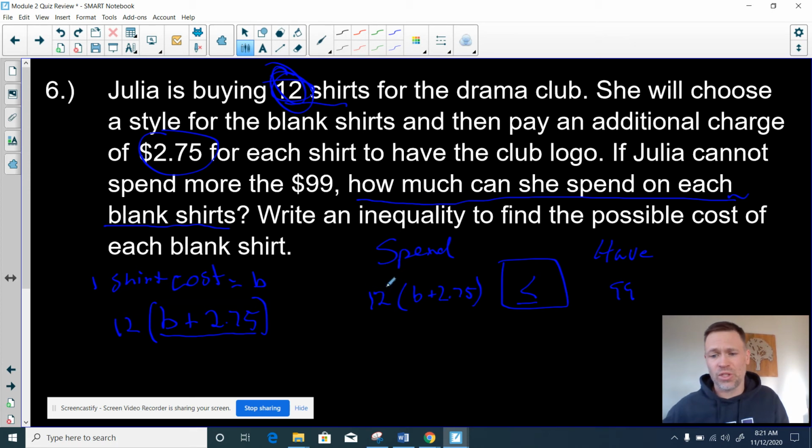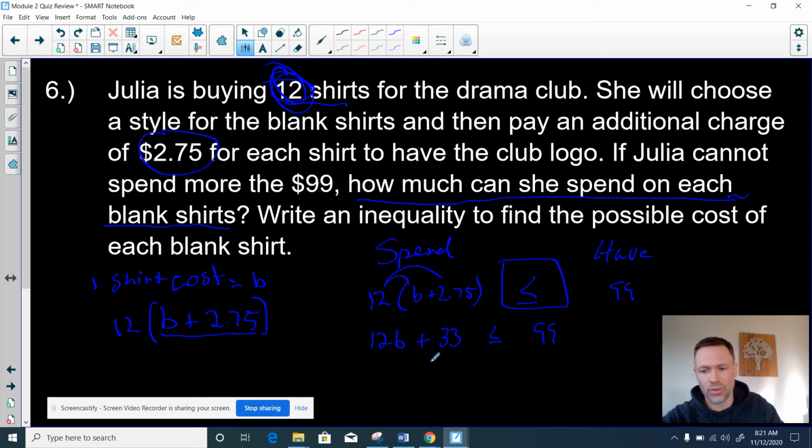And now all I've got to do is solve this. It's not a compound, it's just a regular inequality. So I go ahead and start solving this. I'm going to start distributing this 12. So I've got 12B plus, let's calculate 12 times 2.75 quick. 2.75 times 12 is $33. That's less than or equal to 99.